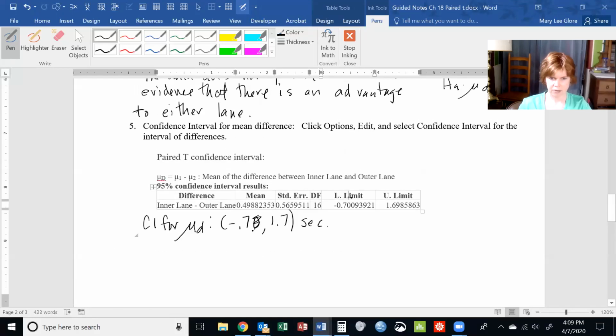All right, so always I start out with 95% confidence. And then I have to talk about the population and the parameters. So I'm looking at the mean difference in the population.